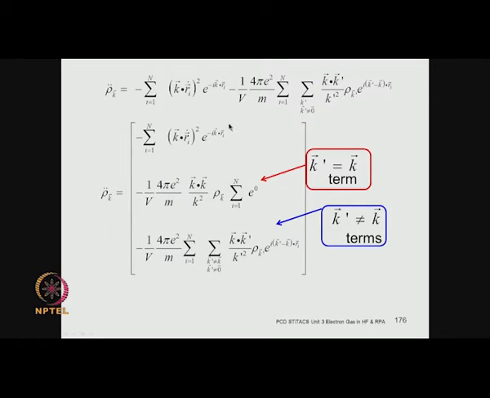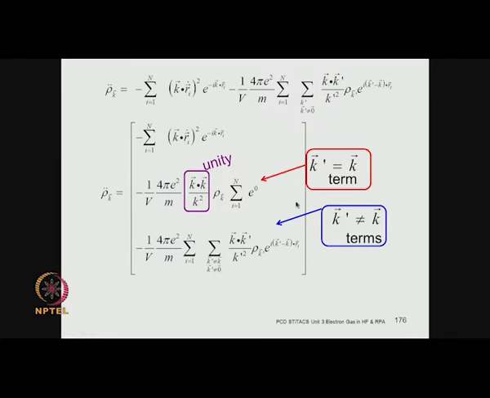So now what were two terms in the first expression appear as three terms, because this summation is now separated to write one term explicitly for k prime equal to k, and these are the remaining terms. So these are the three terms now. Let us take these three terms, and you notice that this k dot k by k square is nothing but unity, because this will give you k square by k square.